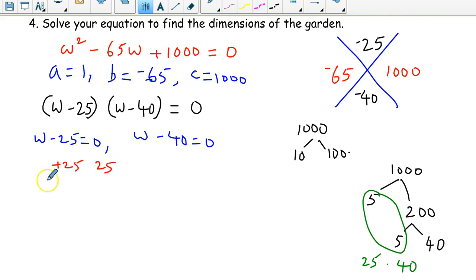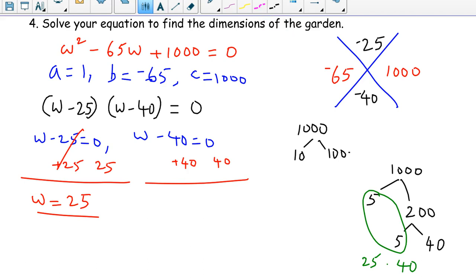If you add 25 on both sides, it cancels off, and you have w, the first width is 25. Or if you add 40 in this second linear equation, positive 40 and negative 40 cancel off. So you end up getting w is equal to 40, right?